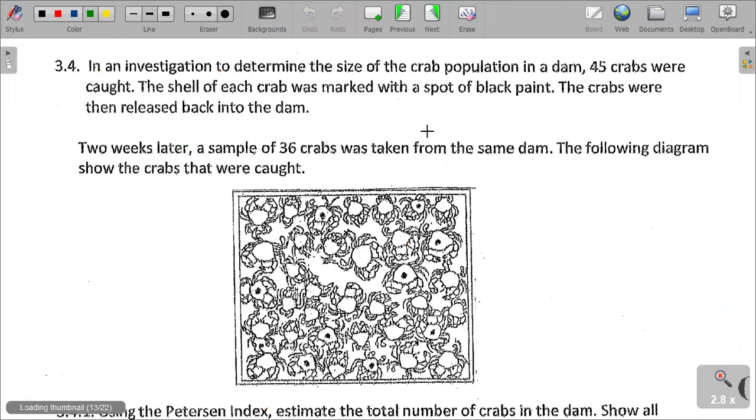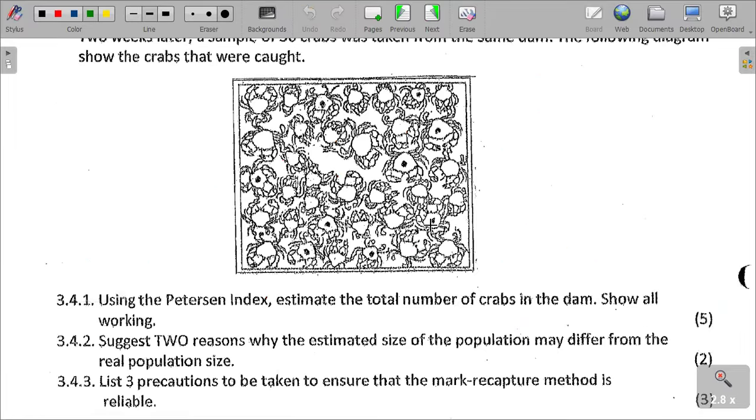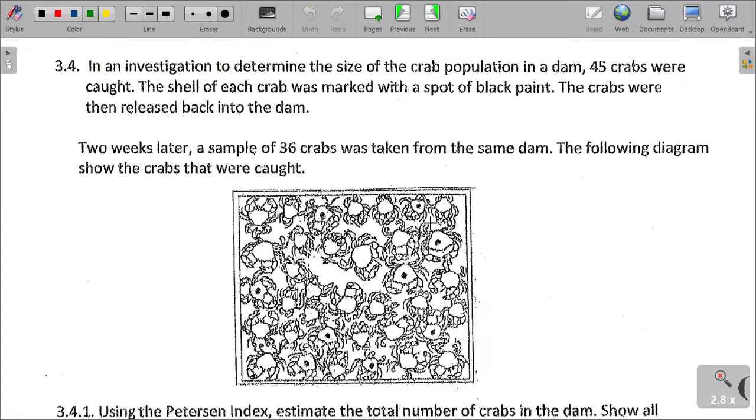The next question is a diagram. An investigation to determine the size of a crab population in a dam. 45 crabs were caught. The shell of each crab was marked with a spot of black paint. The crabs were then released back into the dam. Two weeks later, a sample of 36 crabs was taken from the same dam.